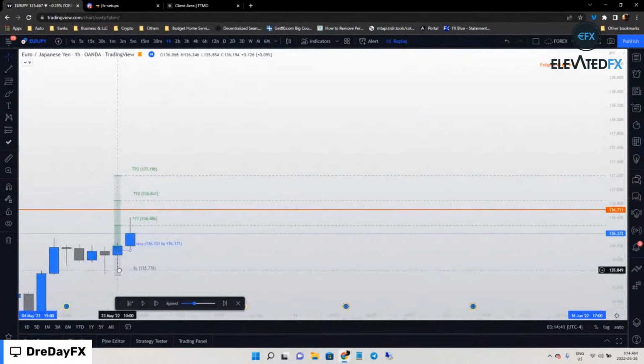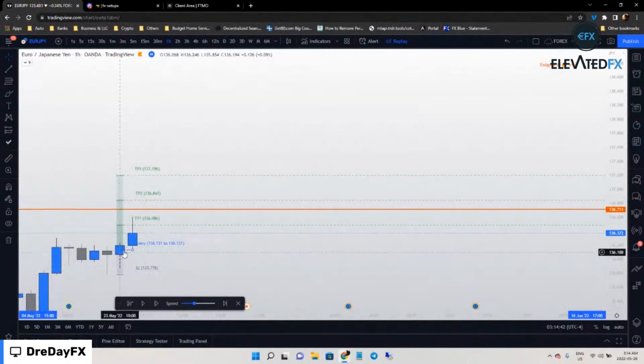Secondly, if we see bigger wicks here, that's giving me another indication that the price may not go down that much to hit the stop loss.